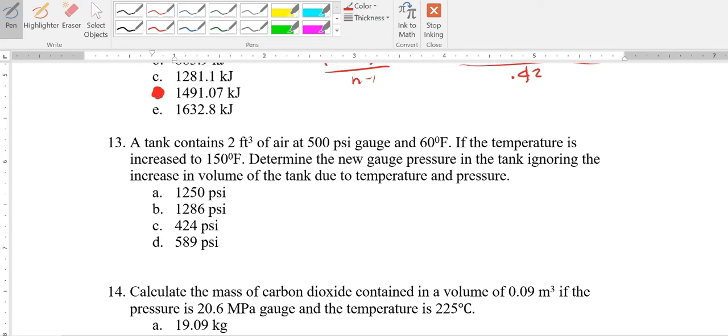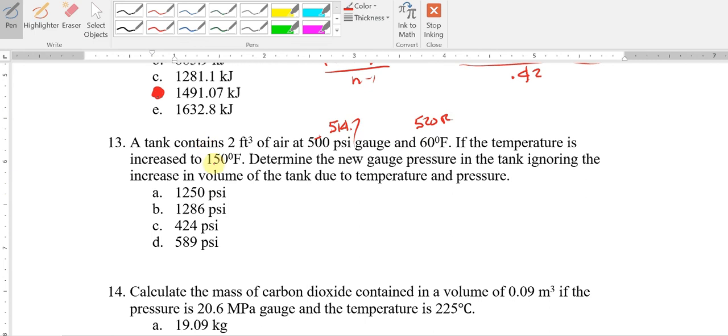13, a tank contains 2 cubic feet of air, and that, by the way, is constant. We don't have to worry about that. And so 500 is going to be 514.7. 60 is going to be 520 Rankine.